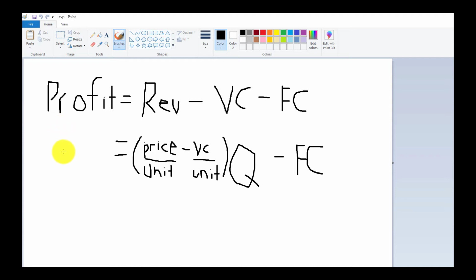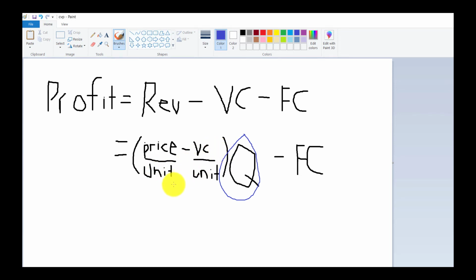And in the second line, what I'm doing is taking revenue minus variable cost and dividing it by units, but at the same time multiplying it by units. So this Q here represents the number of units. So I'm dividing by units and multiplying by units.